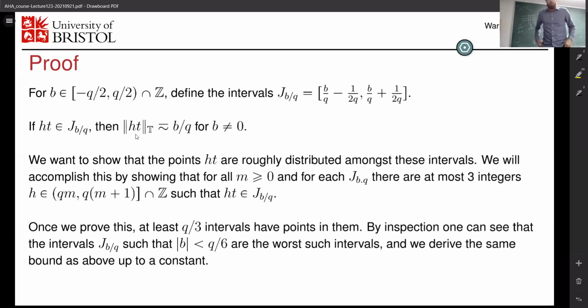Great. Now we see how h of t is distributed across these intervals as h varies over the interval from 1 to r or 1 to q.